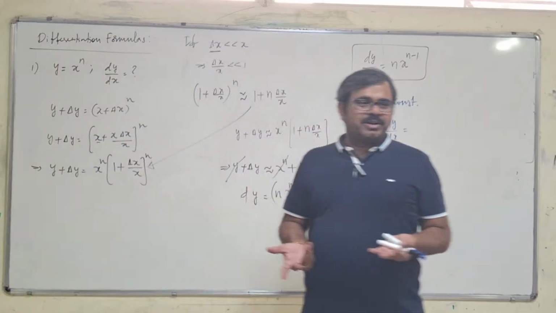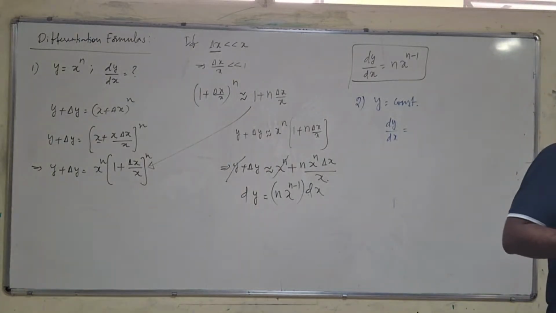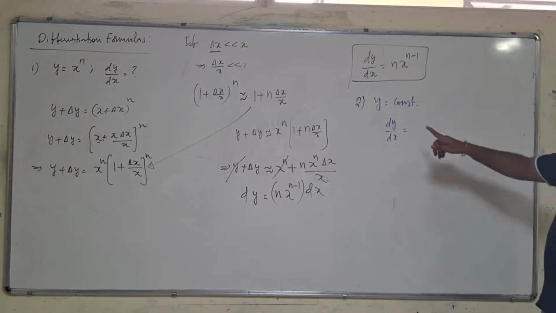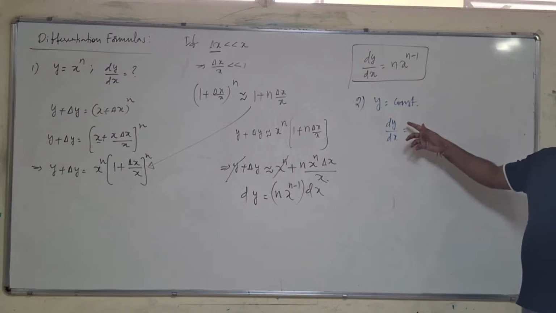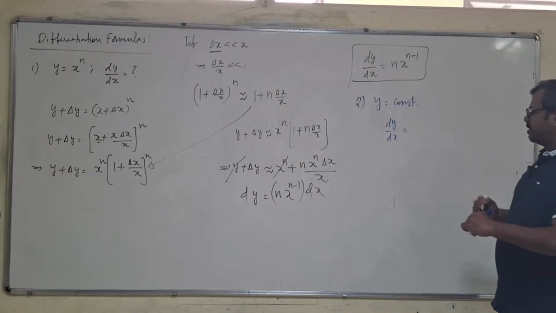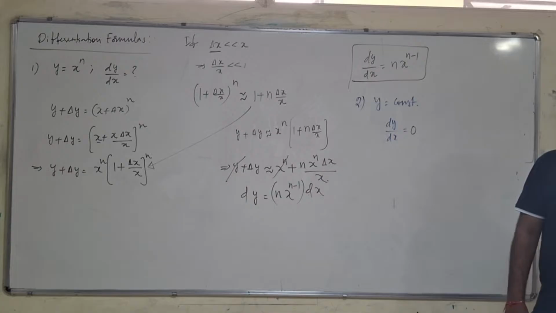So what is the change in y equal to? When I say y is a constant, what is change equal to? 0. It means y is not changing. If y is not changing, the rate of change in y with respect to x, whether you write delta y by delta x or dy by dx, what do you get? 0. No change in y. You understand this?